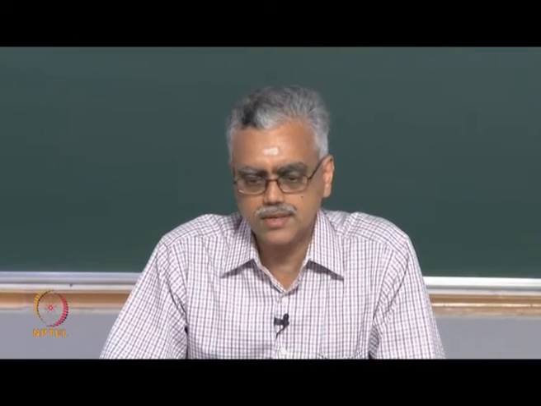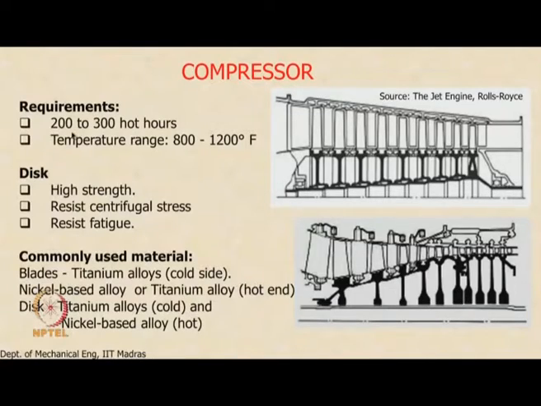Right. So, the general requirement is that it should work for 200 to 300 hot hours. This is classified differently. The number of hours is usually determined based on the duty cycle of the engine. A typical engine will go through, for example, takeoff, climb, cruise, descent, land, reverse thrust, and shutdown.